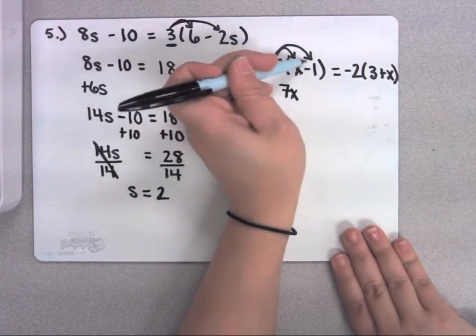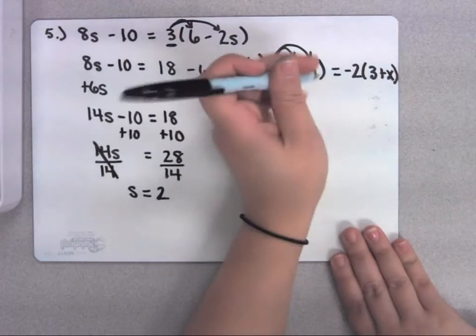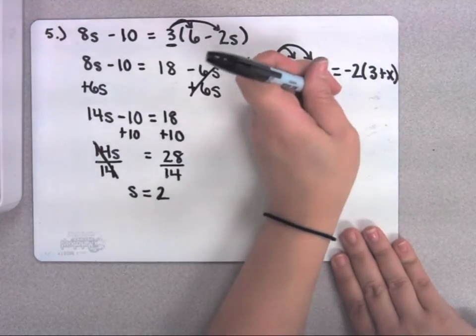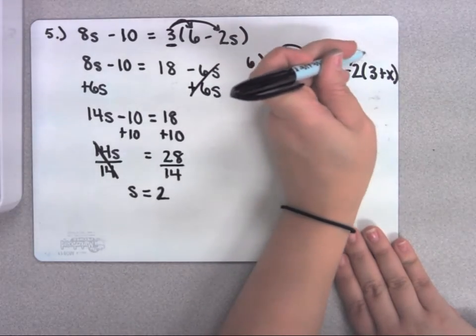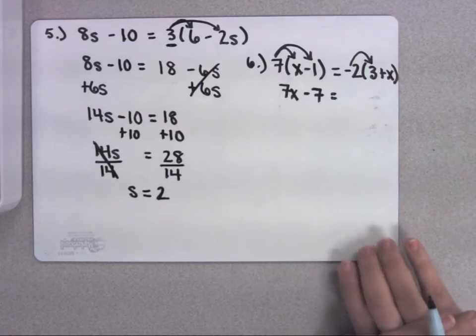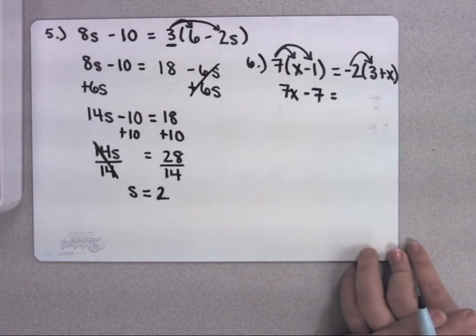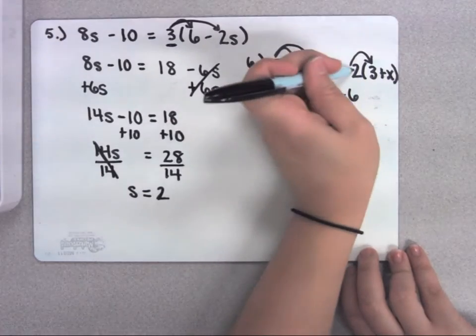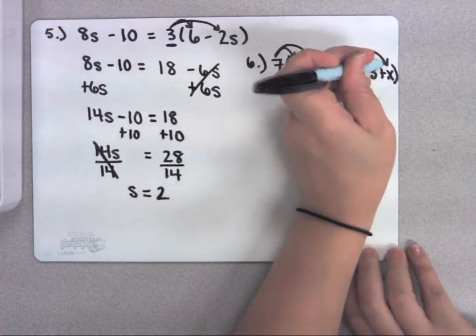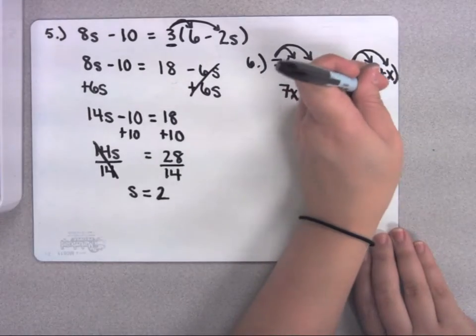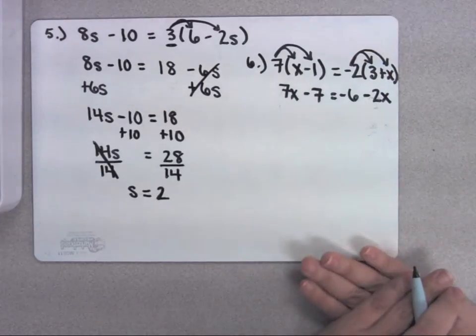Then what is 7 times -1? -7. Then do the same thing over here. What is -2 times 3? -6. And then -2 times 1, -2, and we're going to keep the x with it.